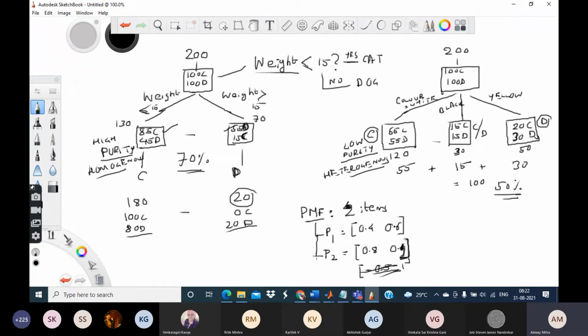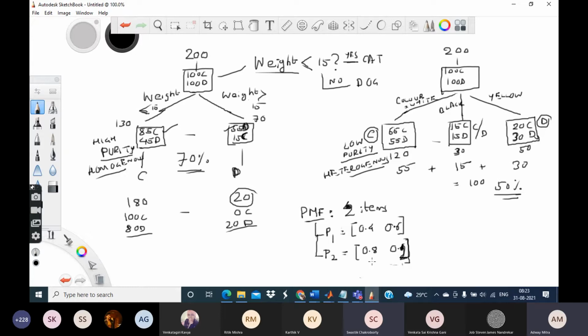So here are 2 probability distributions available to you, P1 and P2. Now, which probability distribution do you consider more informative? I have not defined what is meant by informative, but intuitively, which probability distribution gives you more information and why? Sir, the second one, because if we predict, we will be 80% correct. Correct.